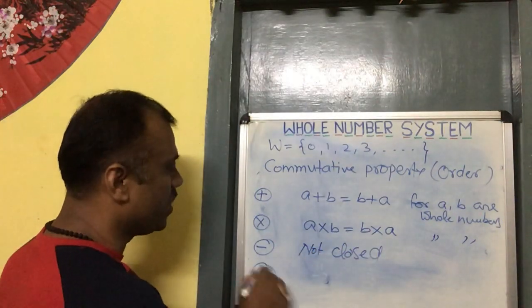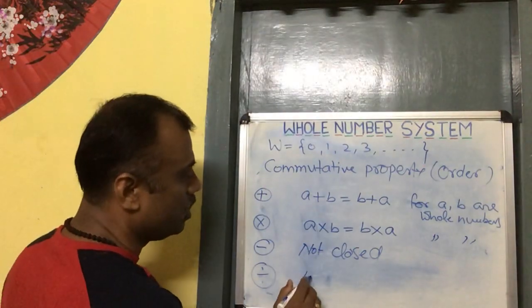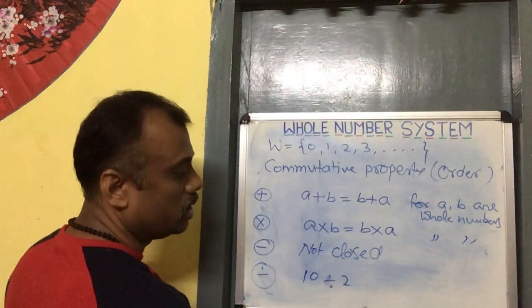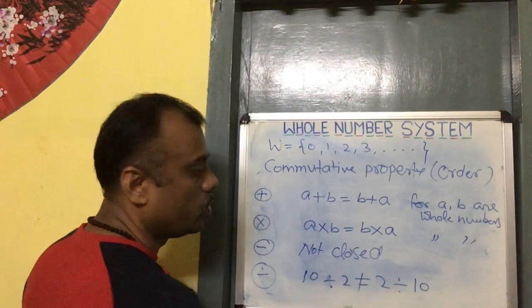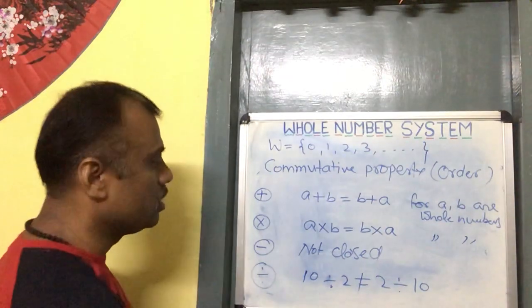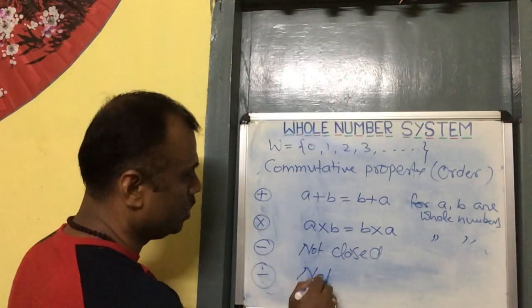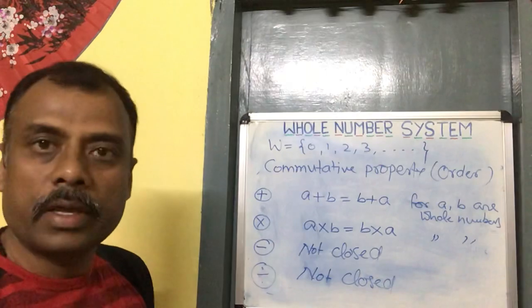Similarly, if you verify for division, suppose I have taken 10 as a whole number, divided by 2. Is it the same as 2 divided by 10? No. So that means it is also not commutative under division.